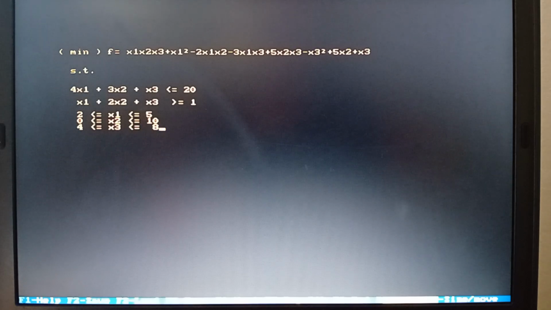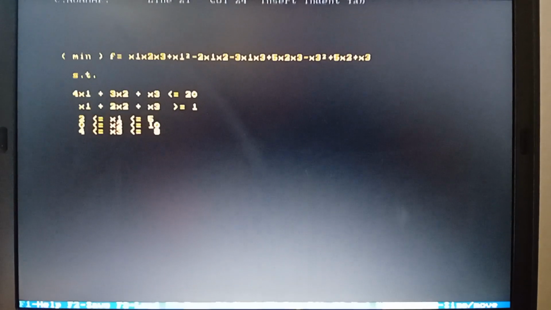Let me write this problem then in an appropriate manner using the difference convex theorem.